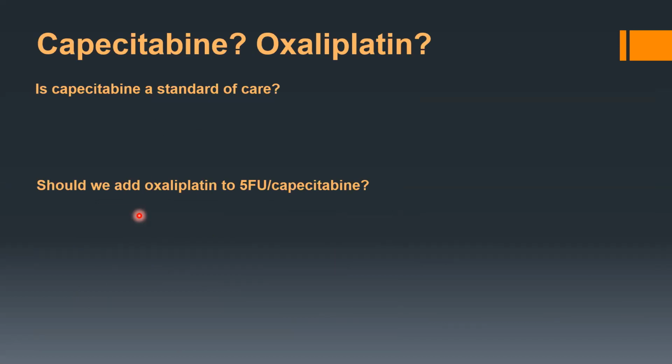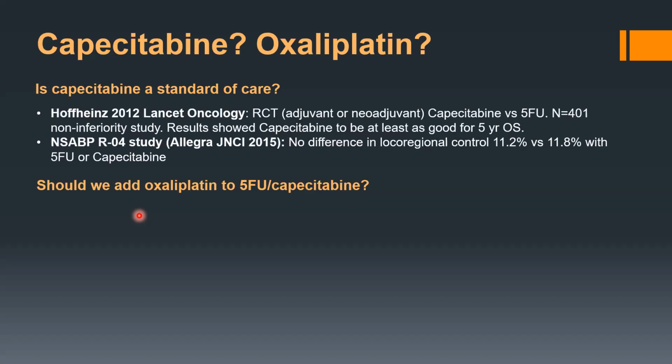So with the availability of capecitabine, which is a 5-FU analog, the question arose whether we can replace 5-FU with capecitabine. There are two large studies which have compared 5-FU versus capecitabine, and both these studies show that there is no difference. And therefore, capecitabine is a very safe and convenient replacement for infusional 5-FU.